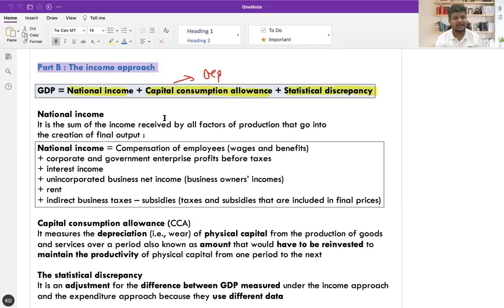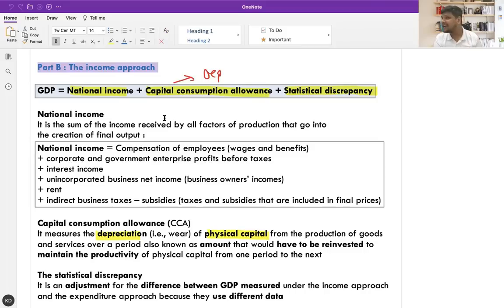Depreciation. Let's say you as a country have various physical assets. Depreciation is the allocation of the charges, basically the wear and tear of those physical assets, which is non-cash, but even that is considered here. It measures the depreciation of physical capital from the production of goods and services, basically the machinery and equipment that you have used in the economy.